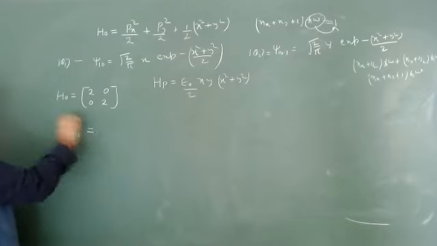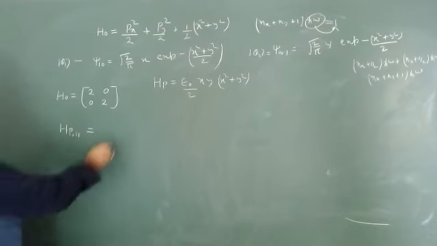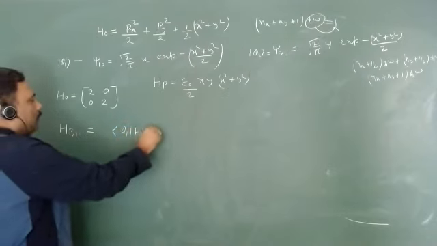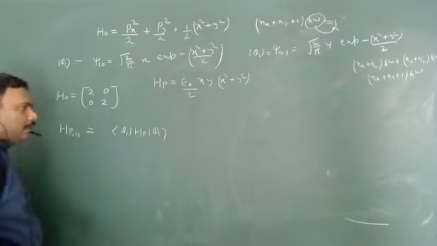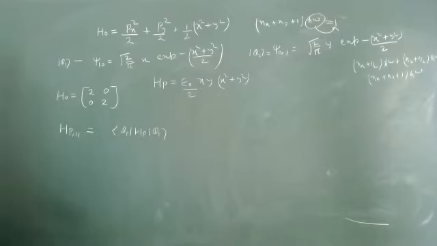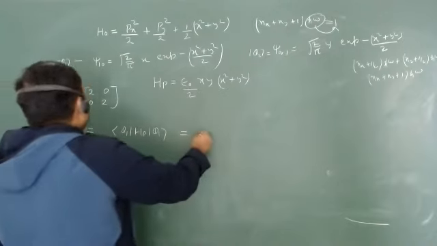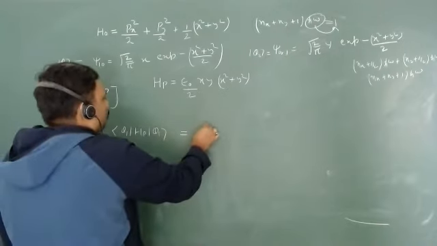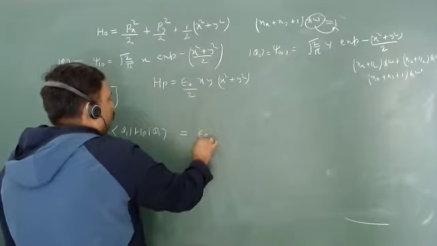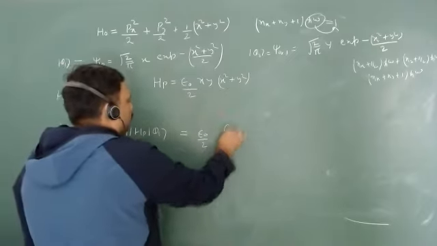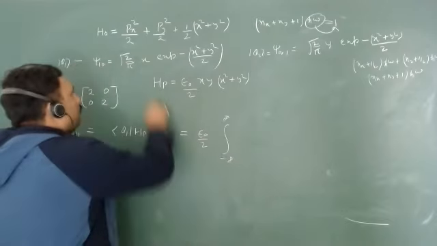Okay. Now let us go for HP11. What is HP11? That is phi 1 HP phi 1, isn't it? So let us go for this. You will go from minus infinity to plus infinity. So you have epsilon upon 2 outside, minus infinity to plus infinity.